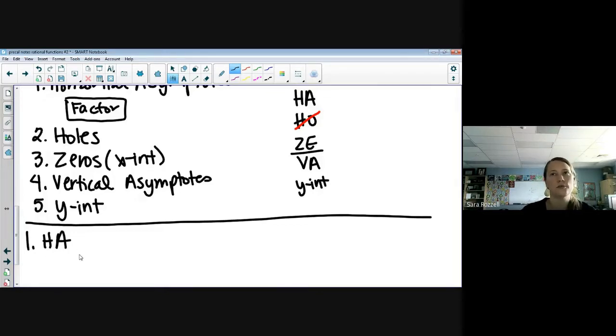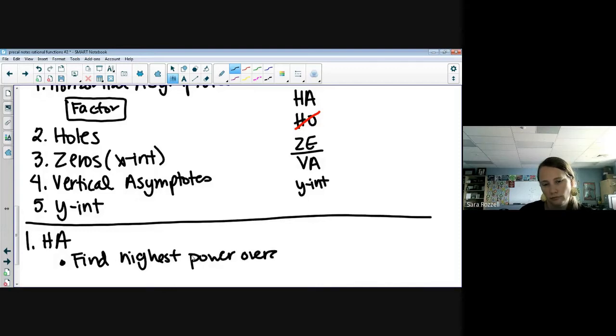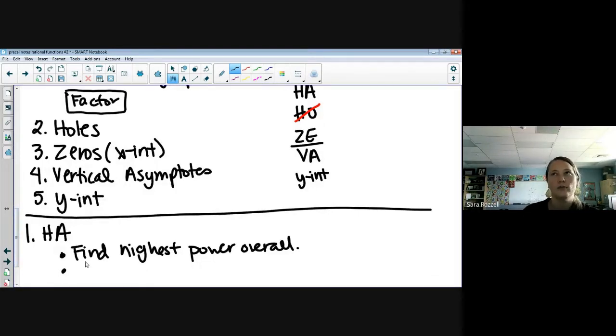For our horizontal asymptotes, we are going to find the terms in our fraction that have the highest power overall for the whole fraction. Once we've identified what that power is, you're going to look at the coefficients that are in front of the terms that have that highest power.